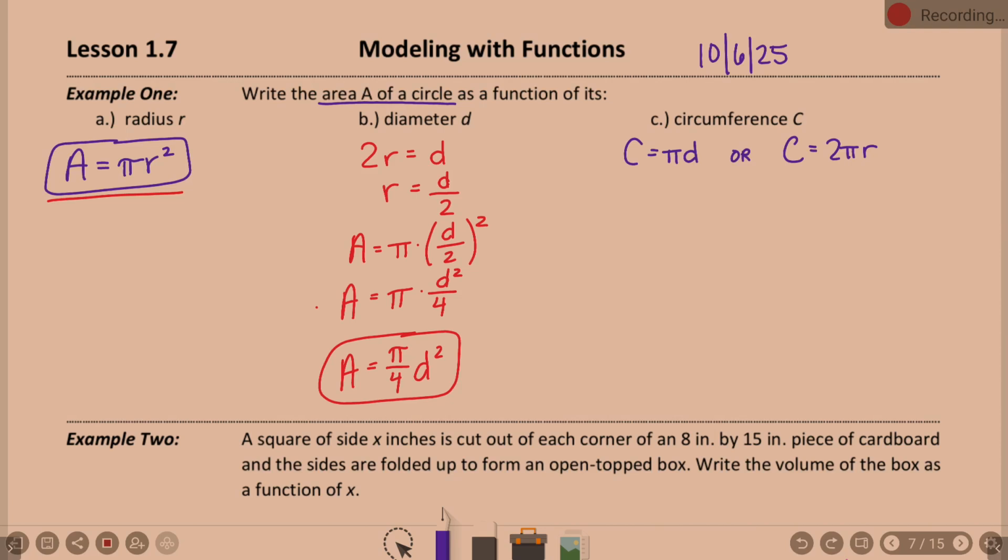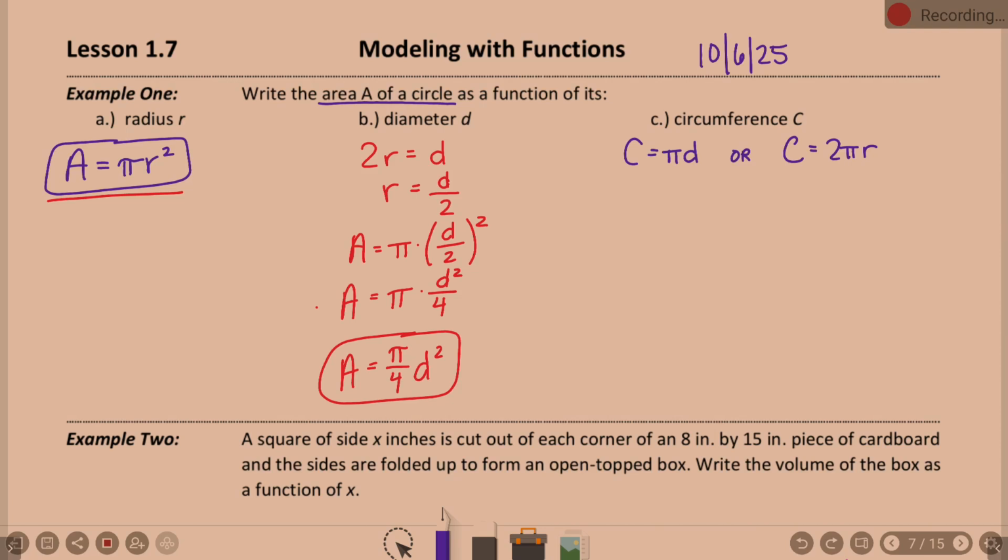So that's the other one we tend to get mixed up, circumference and area. We can't keep them straight for whatever reason. Now, we're probably going to use 2 pi r. We need to know what r is to plug it back into the original formula.